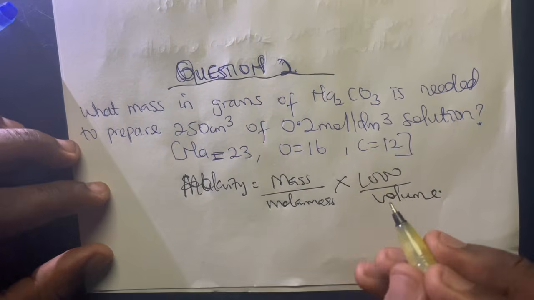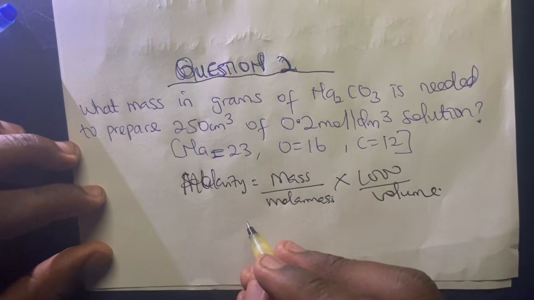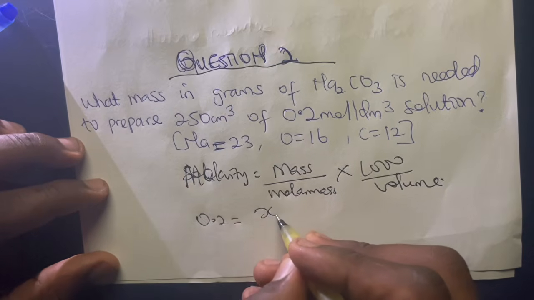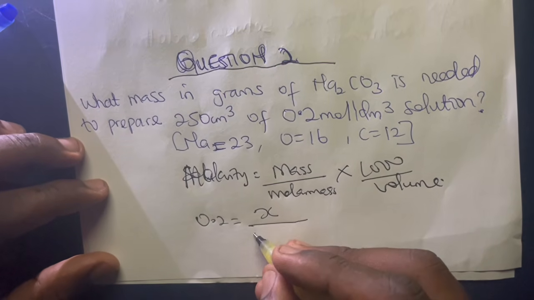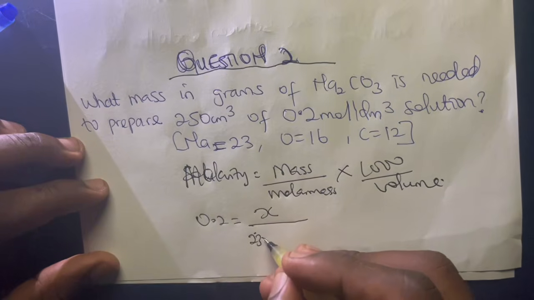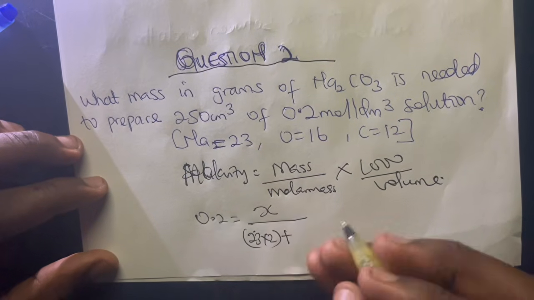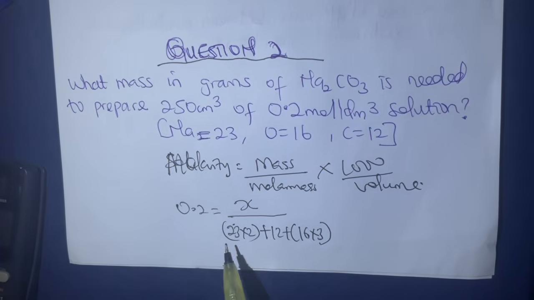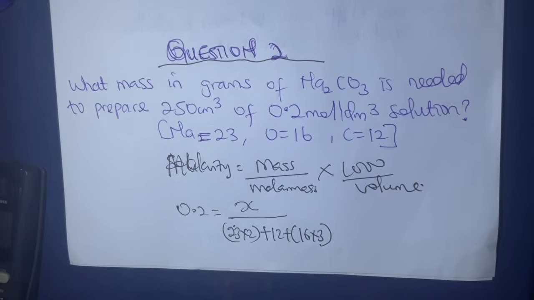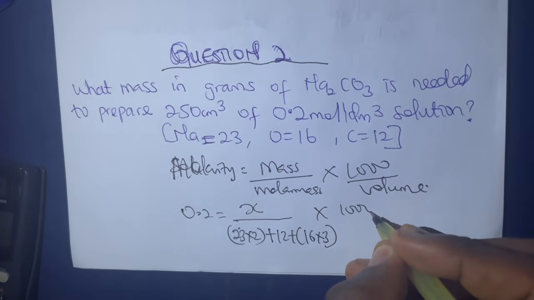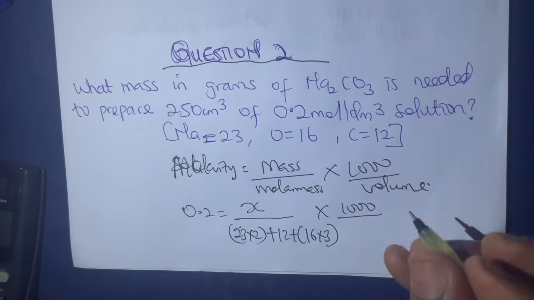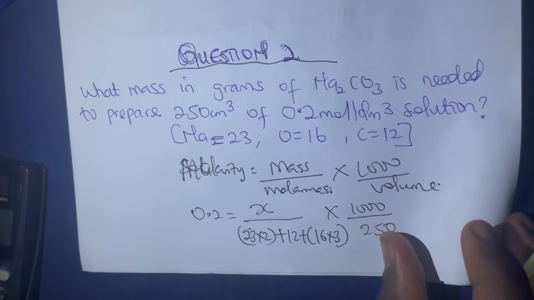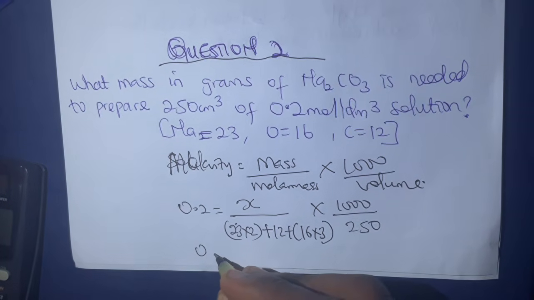The mass is what we are looking for, so 0.2 equals x over the molar mass of Na2CO3, that will be 23 times 2 plus 12 plus 16 times 3, times 1000 over the volume. The volume is 250. Good. So now let's continue this.